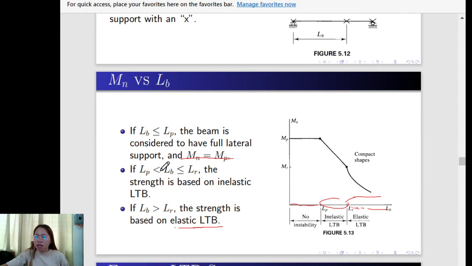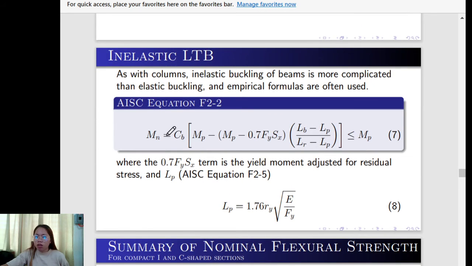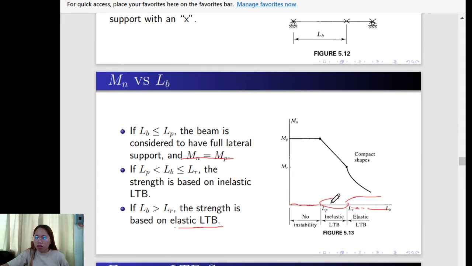If the unbraced length is between this range, L sub p and L sub r, your nominal moment is equal to C sub b times the quantity M sub p minus the quantity M sub p minus 0.7 Fy S sub x times this ratio L b minus L p over L r minus L p, which is less than the plastic moment because you are in the inelastic region, no?